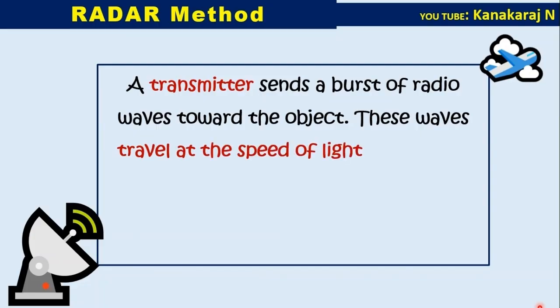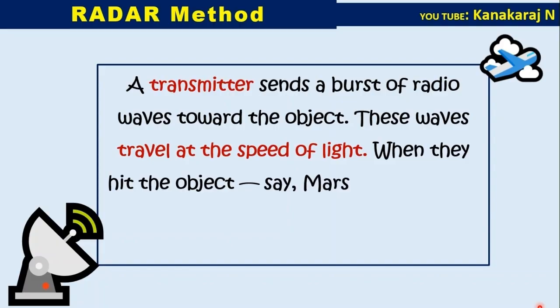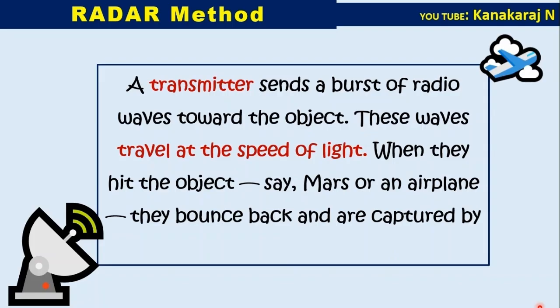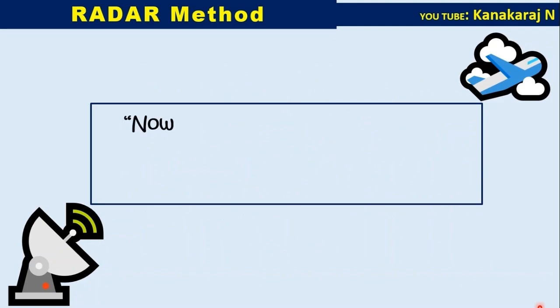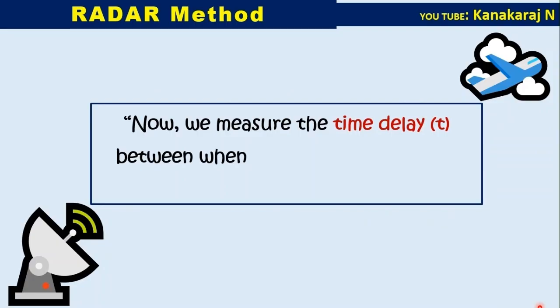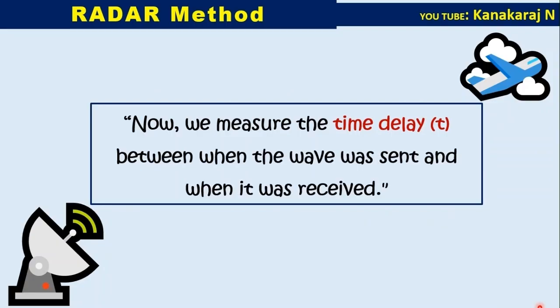These waves travel at the speed of light. When they hit the object, say Mars or an airplane, they bounce back and are captured by a receiver. Now, we measure the time delay t between when the wave was sent and when it was received.